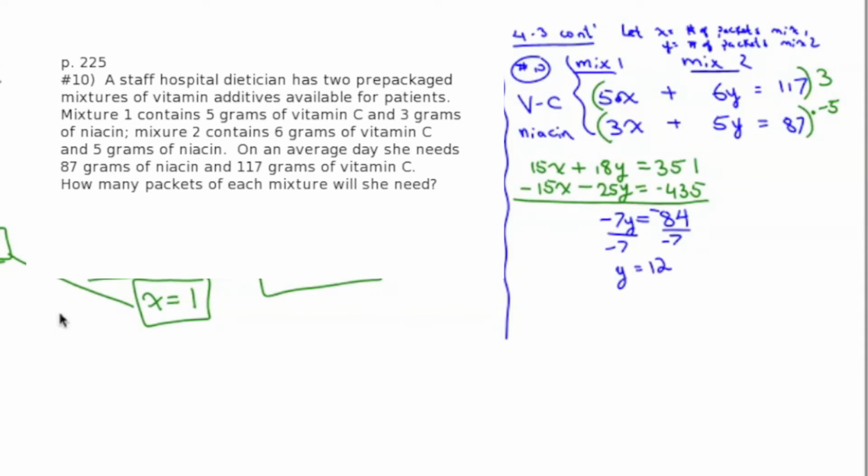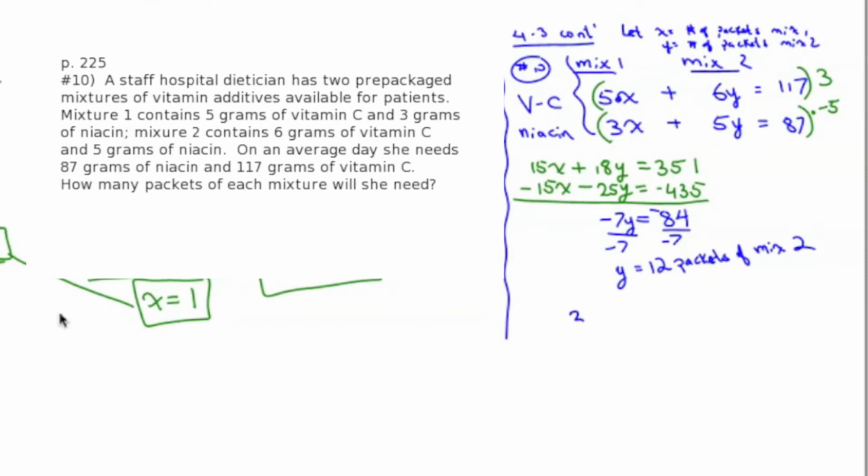12 what? Packets of mix 2. So if she uses 12 packets of mix 2, that's part of the answer. How do I get to the other part? Substitute into one of the equations, top or bottom? Bottom.